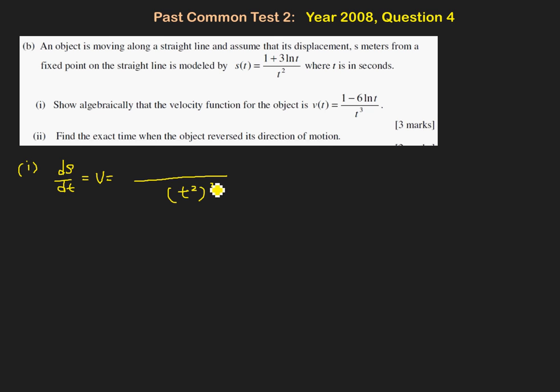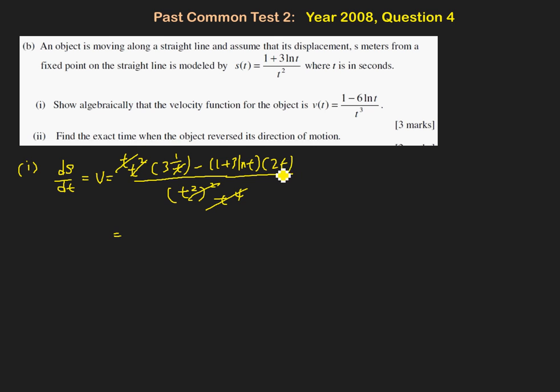So this is t squared, the v squared, and this is v, 3 times 1 over 3. This is of course the u minus 1 plus 3 ln t times 2t. Alright, and I can simplify this because t can't be 0, so this is t to the power 4.